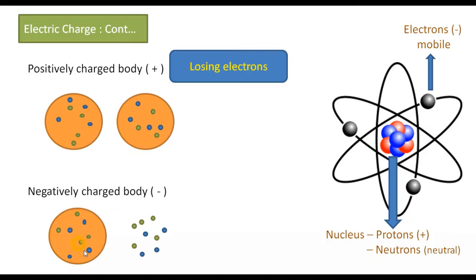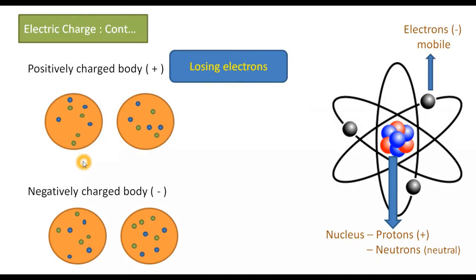Now, if this atom gains one more electron, it will have 5 electrons and 4 protons. So gaining electrons means this has an overall negative charge. So an atom becomes negatively charged. If an object has more negative charge, we can say that the object becomes negatively charged.